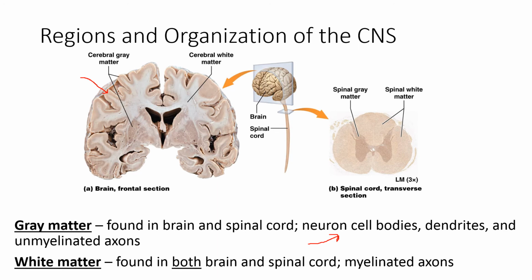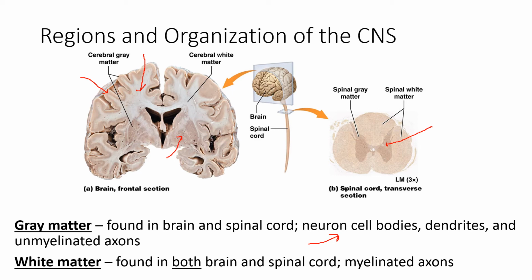We'll also find gray matter deep within the brain in areas that are called nuclei. In the spinal cord, our gray matter forms an internal butterfly type shape that's easily recognized here. And just like with the brain, this is where a lot of information processing is going to happen. Now, this material that you see here is called white matter, and it's found in both the brain and the spinal cord.